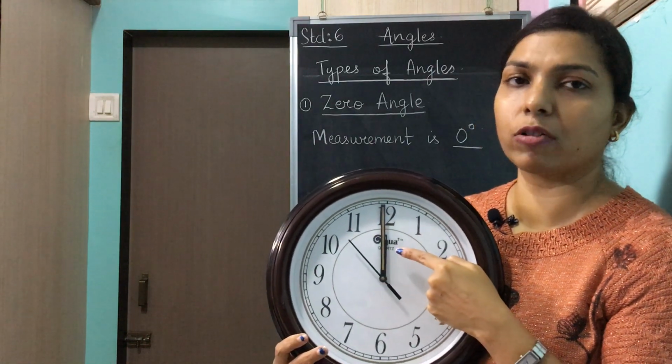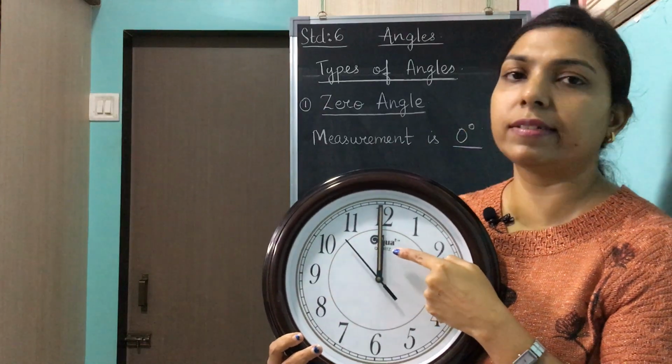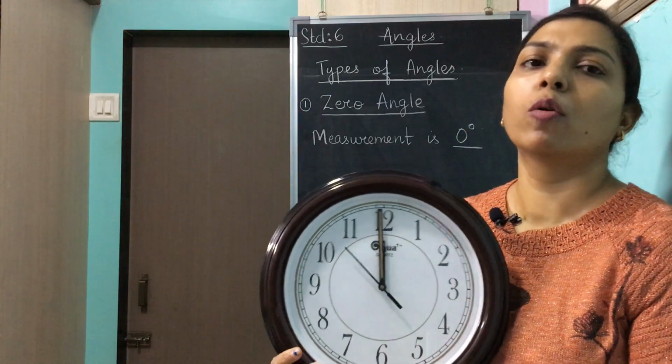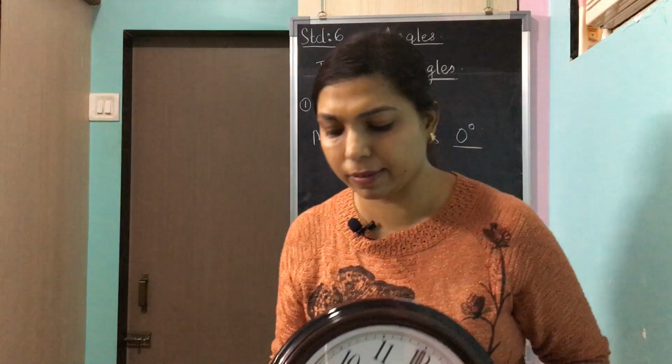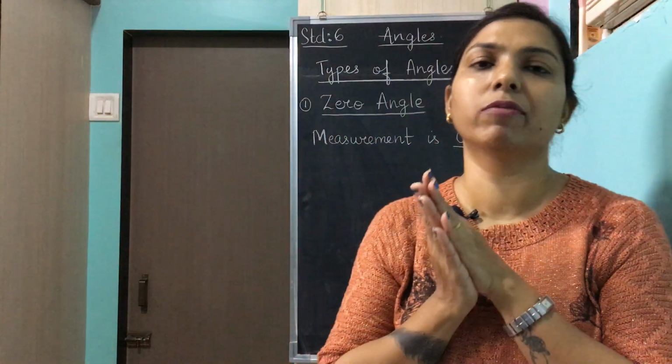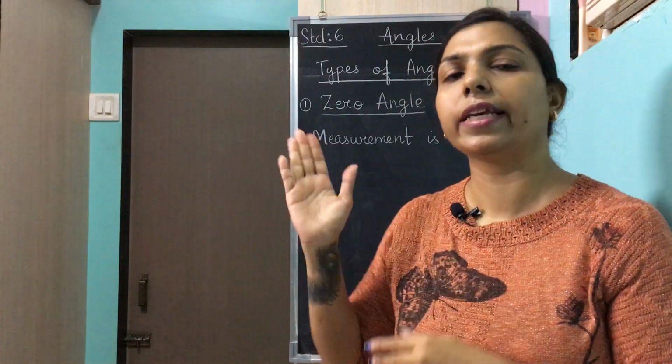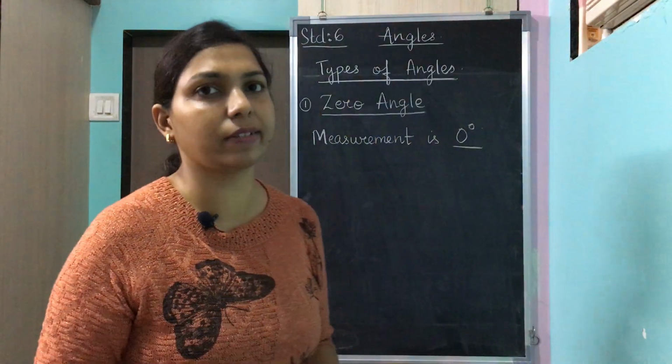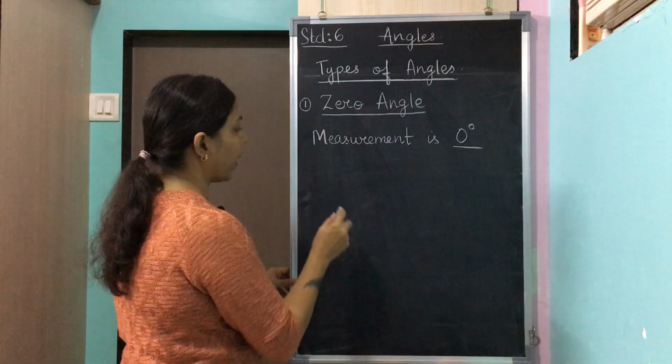Okay, if we have to find out the measurement of it, it is 0 degrees. When you have both the arms of your angles lying exactly one on top of the other, then the angle which is formed is called a zero angle. So how do we show that?